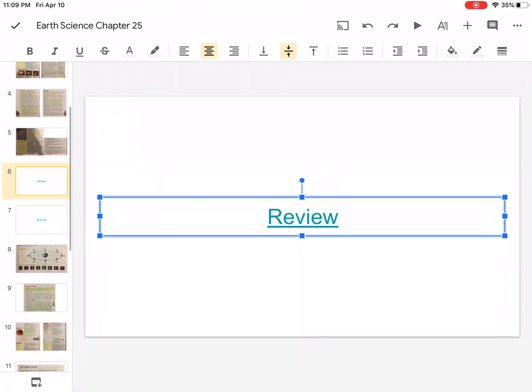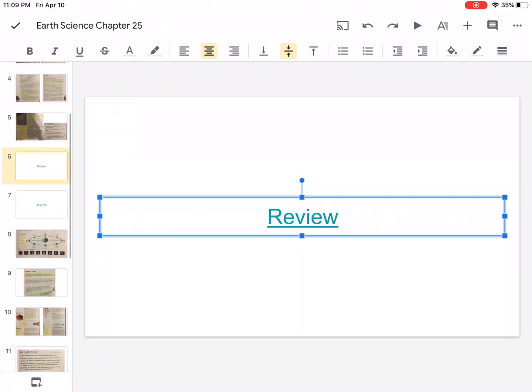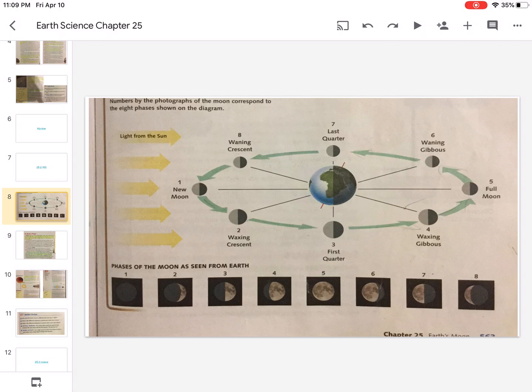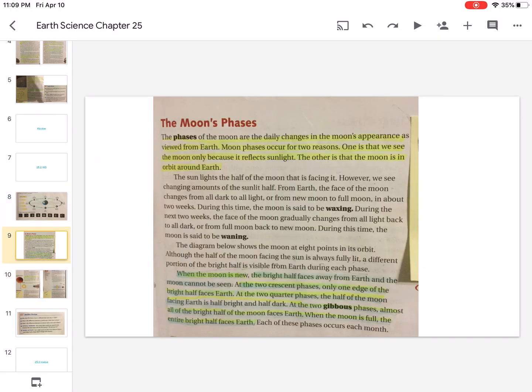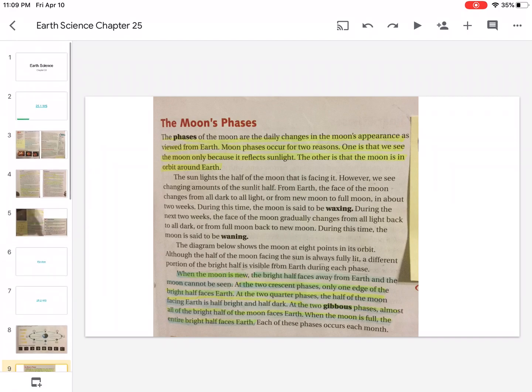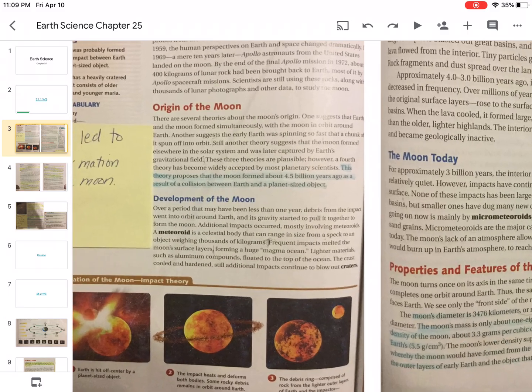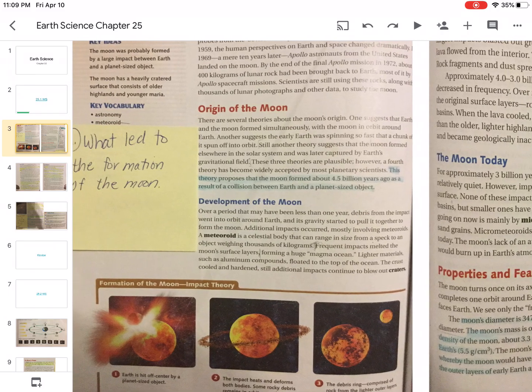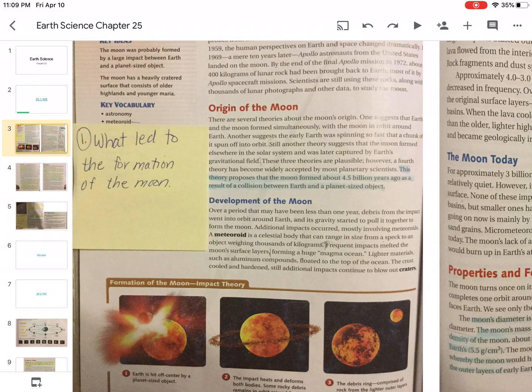Let's see what I have here for a second. I believe it's back here. The origins of the moon. What led to the formation of the moon?